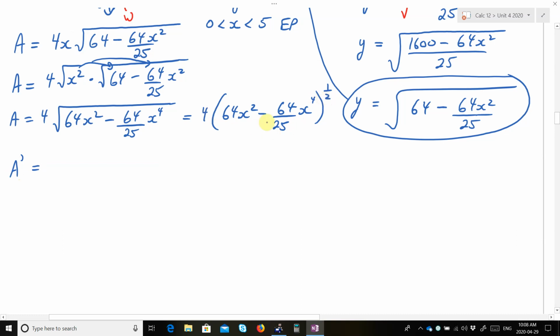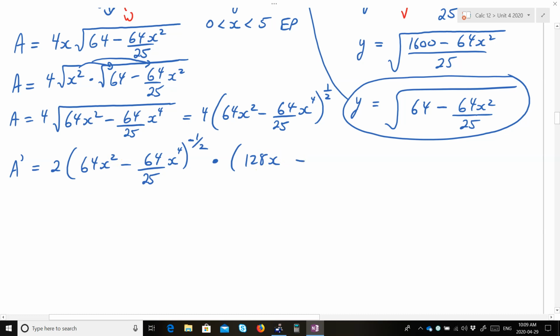Okay, so we've got 4 times u to the 1/2 basically, so we'll do the derivative of the outside function. You go 1/2 times the 4, which is 2, and then have 64x squared minus 64 over 25 times x to the 4th, and then go 1/2 minus 1, which will take us down to negative 1/2, and then multiply by the derivative of the inside. 2 times 64 is 128, and then that'll become x to the 1.